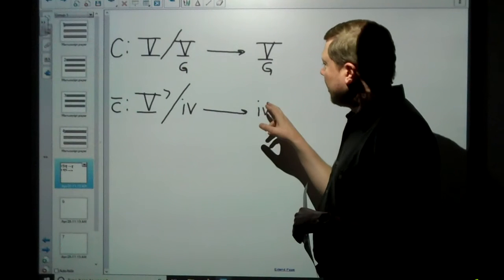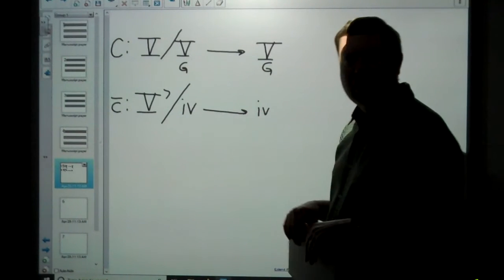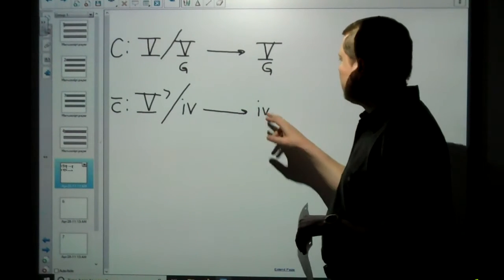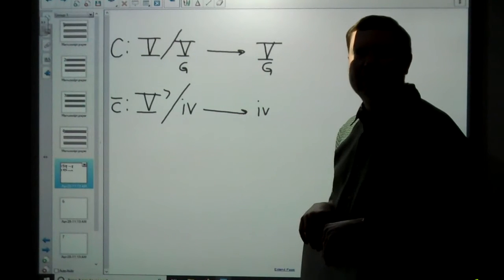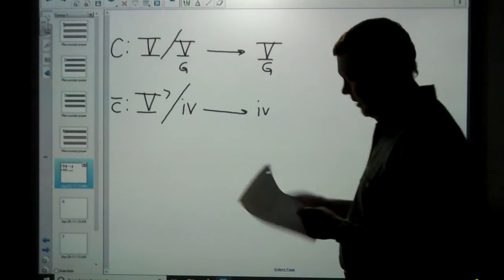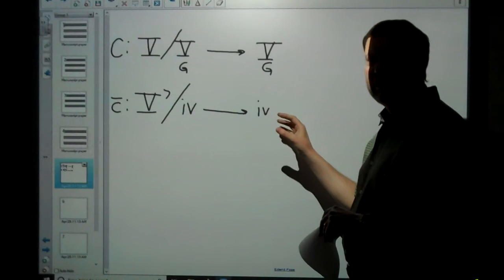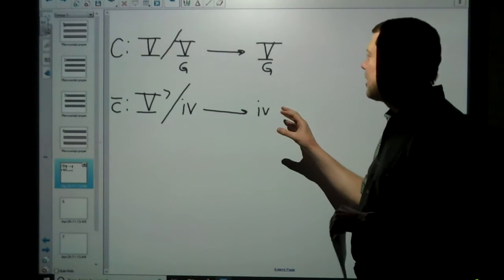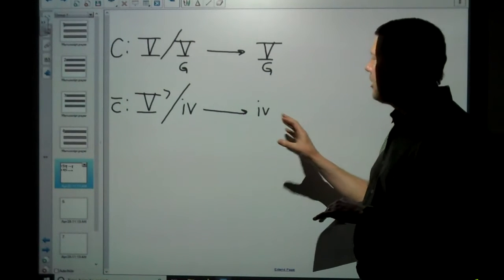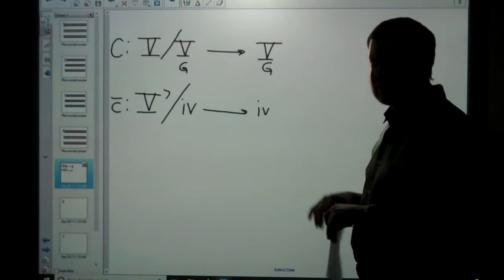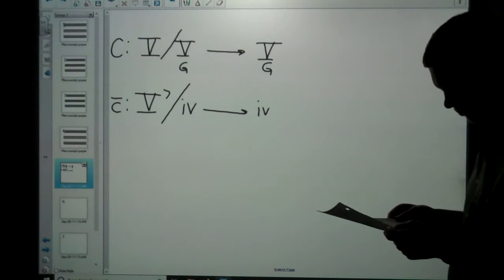And when a major or minor chord is preceded by its own dominant or dominant 7th, we say that that major or minor chord is tonicized. It assumes the sound and the importance, so to speak, of a tonic very temporarily, but it is not tonic and it does not have tonic function.